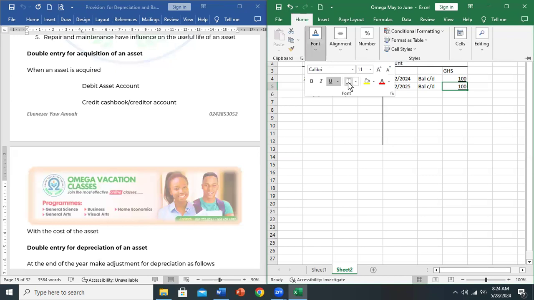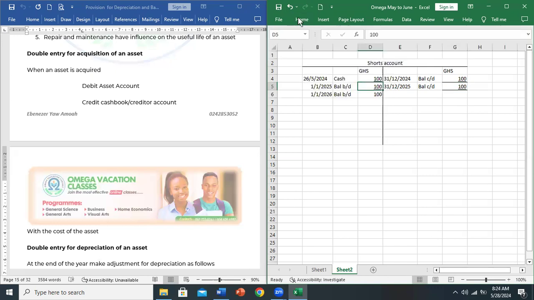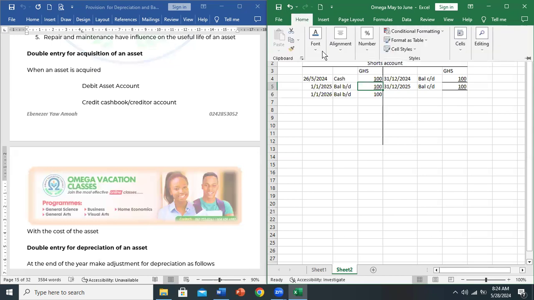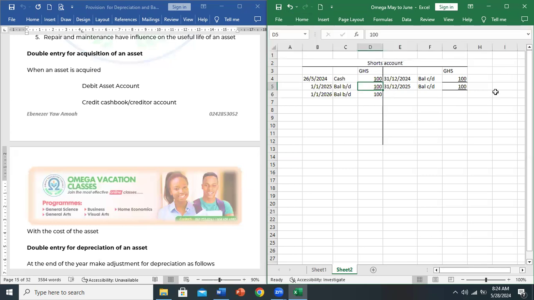If Mommy sells the asset, what it means is that if you go into her bag where she keeps these shorts, you would not find that short there. So it only makes sense for you to remove it from the shorts account. How do you do the removal?